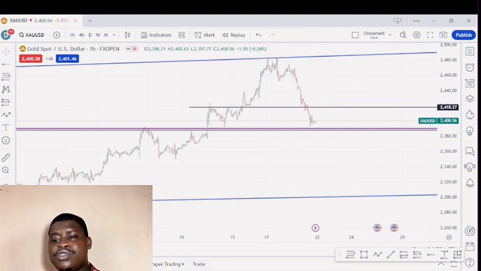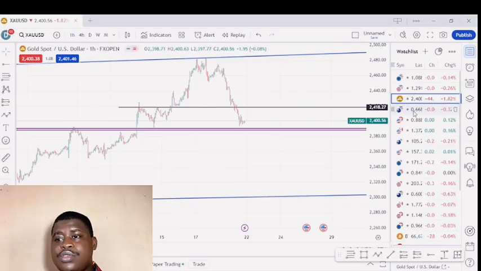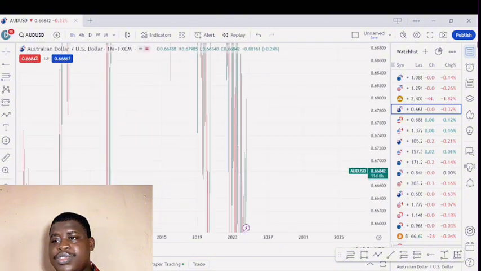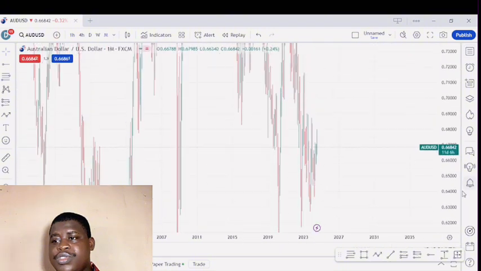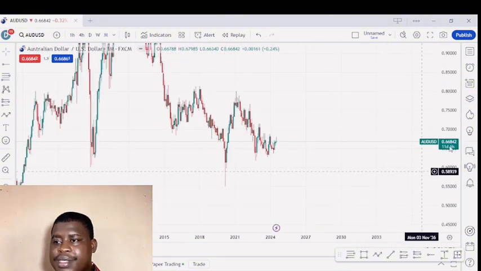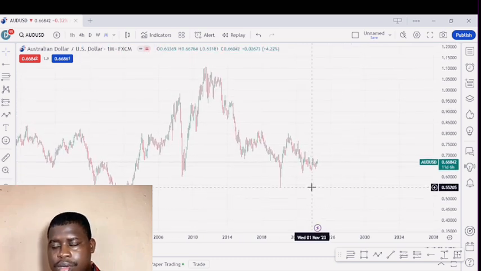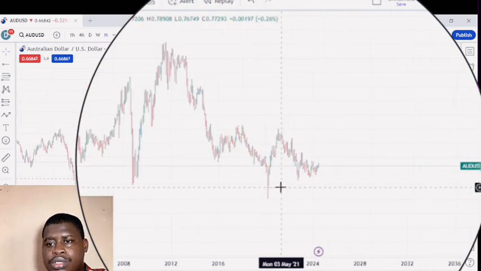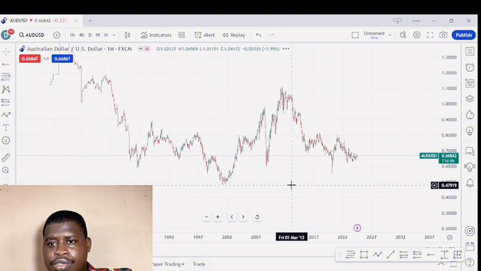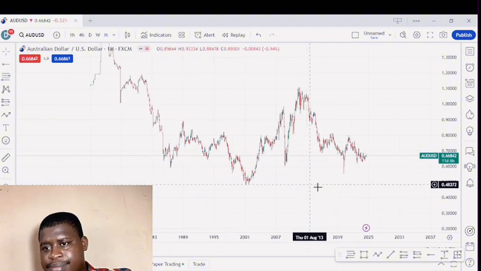I'll be moving on to the other pairs. The next pair I'll be analyzing is the AUD USD. These are incredible pairs. Going on to AUD USD, I'm on the monthly time frame.